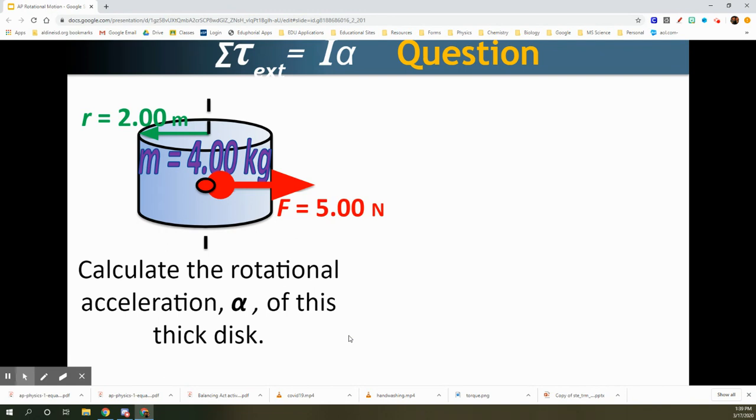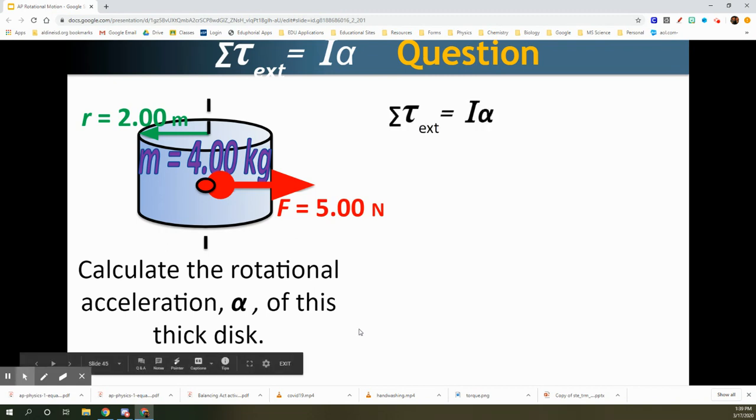I'll give you a minute or two to see where you want to set up this problem. I'll start you off: remember, Newton's second law of rotational motion is the sum of the torques equals moment of inertia times angular acceleration. We're on slide 45 if you aren't with me, and we're solving that problem.